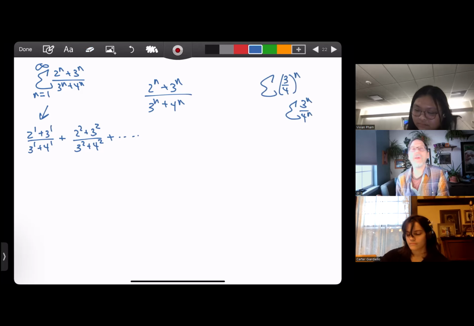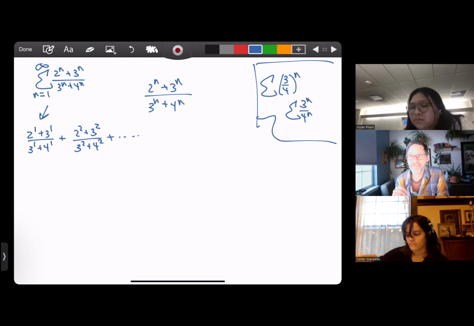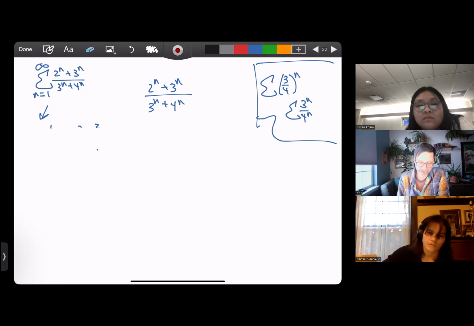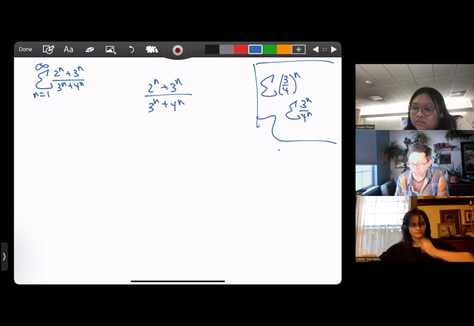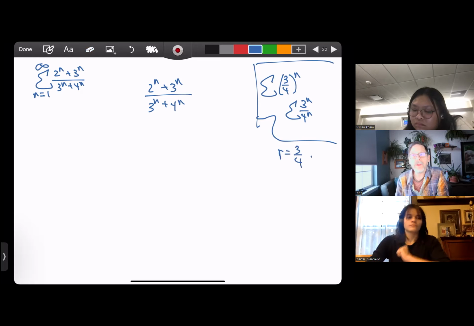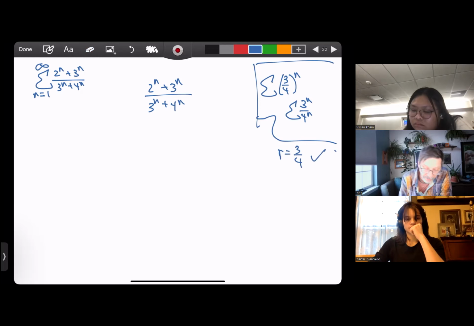With this series, do I expect it converges or diverges if that's what I'm comparing to? Converges, yeah, because it's geometric with r equals 3/4. And so we're expecting convergence.